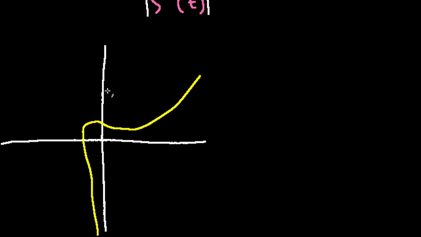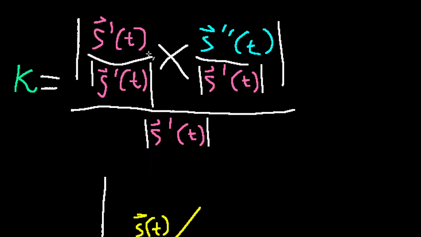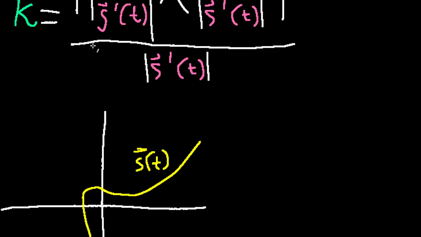Okay, so you can kind of see the general shape of the curve here. And this curve is what we're going to call S of t.